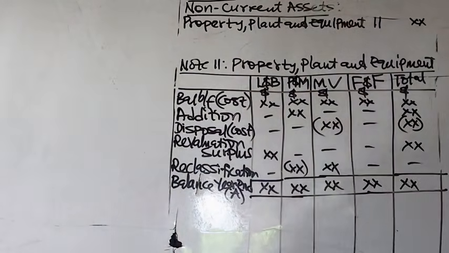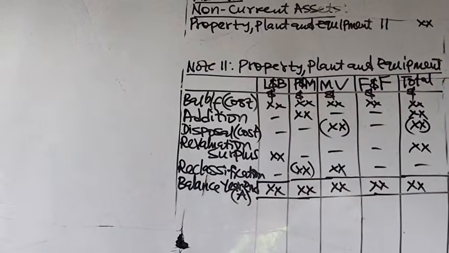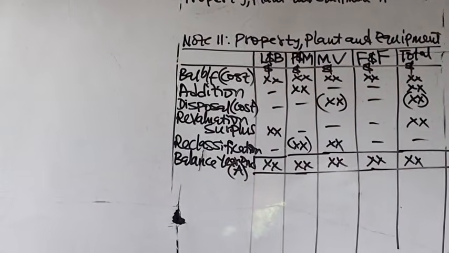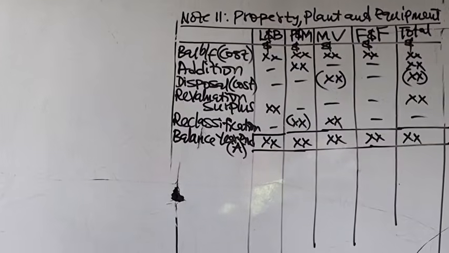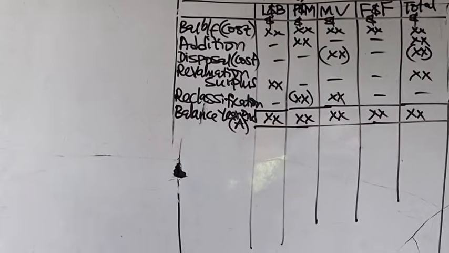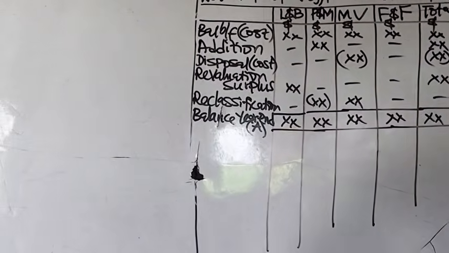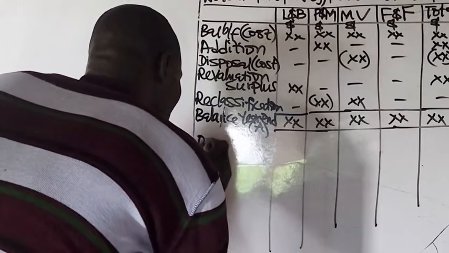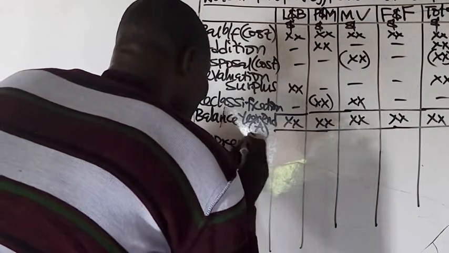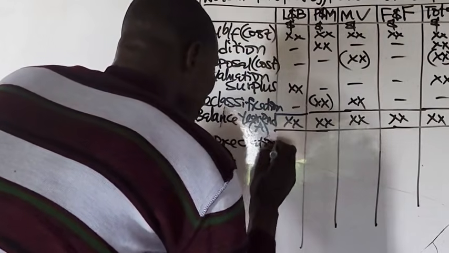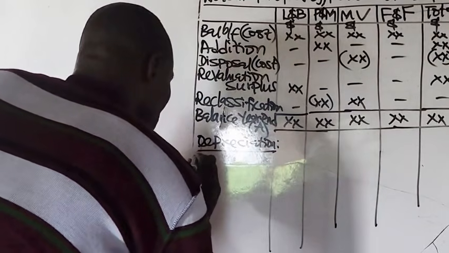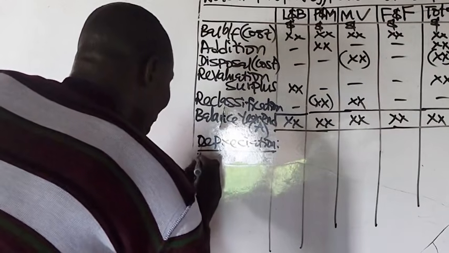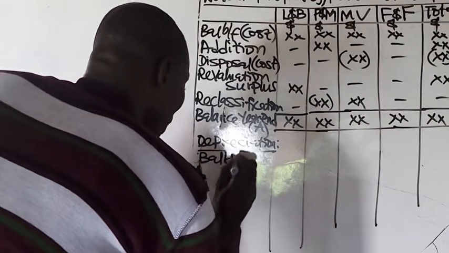Then after the cost, the next section will be depreciation. The depreciation of property, plant, and equipment. So you have depreciation. In this section, you start with the opening balance, which is balance brought forward.